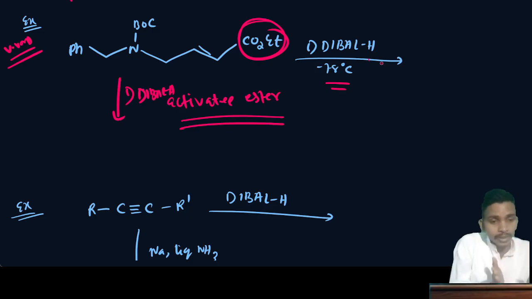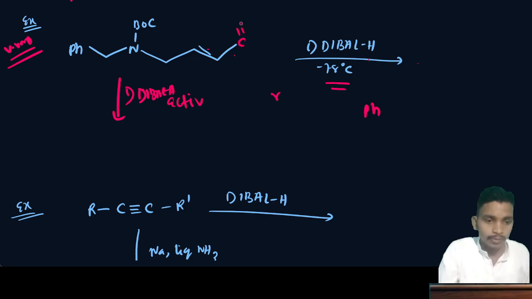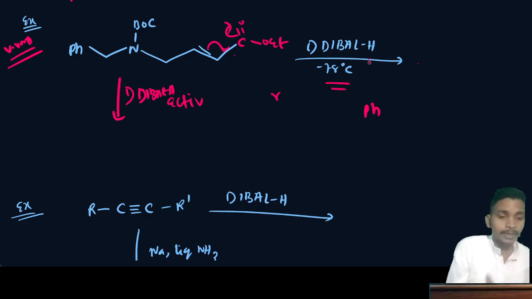It will convert directly to the alcohol groups. This has to be remembered: an activated ester means that conjugation is there, so it will directly convert into an alcohol group.